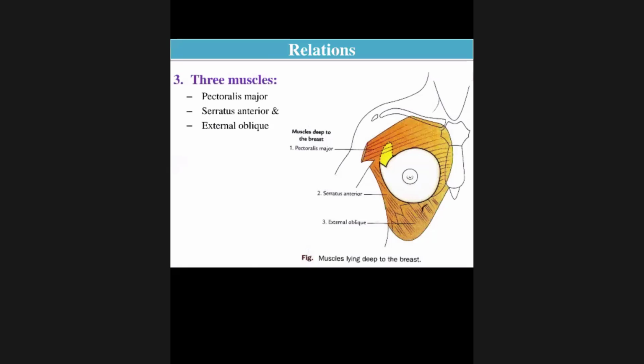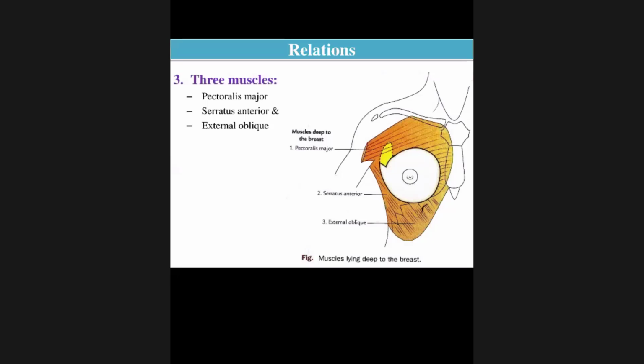Below, there is one muscle from the anterior abdominal wall, that is the external oblique muscle, and on the lateral aspect another muscle, the serratus anterior. So these three muscles: pectoralis major, serratus anterior, and external oblique.